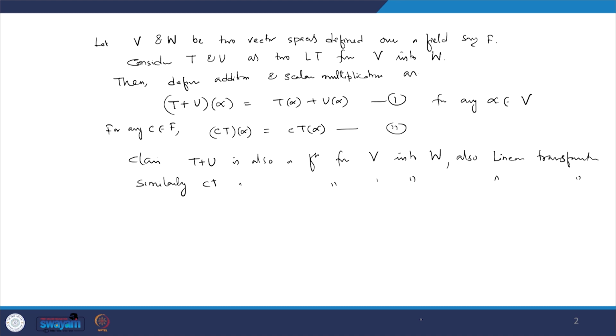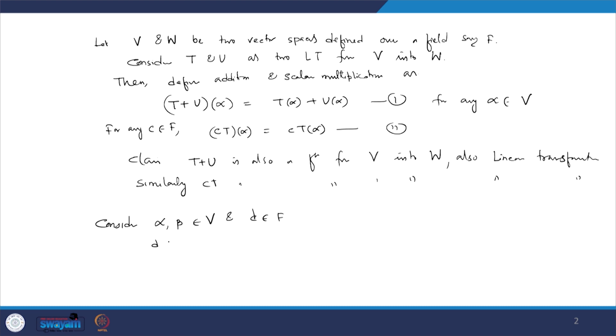Let us quickly check that one first. For linear transformation we have to consider alpha, beta belongs to V, any two elements, and say d belongs to capital F, any scalar.